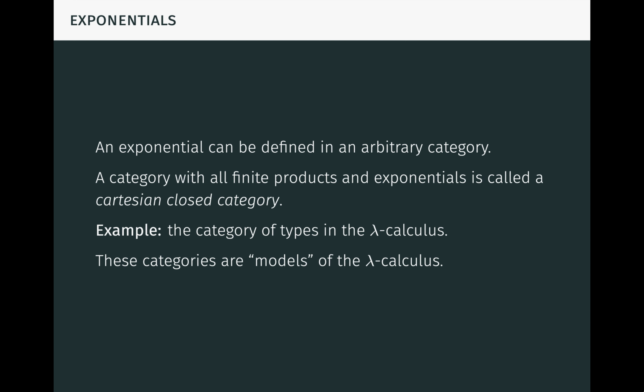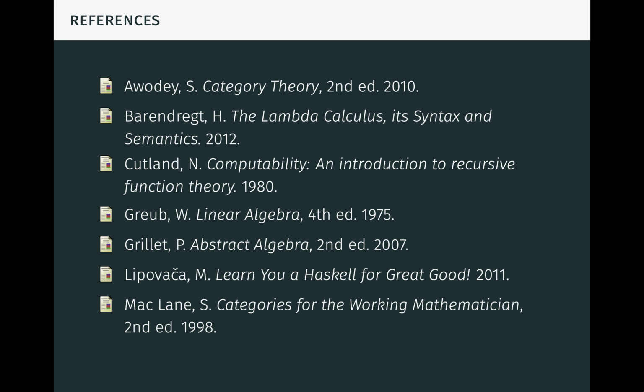For any specific system of types and terms in the lambda calculus and equations relating them, there is a Cartesian closed category modeling the calculus. And conversely, every Cartesian closed category is the model of some calculus. So once again, we have a very close connection between category theory on the one hand and functional programming on the other. That concludes this video series on category theory.